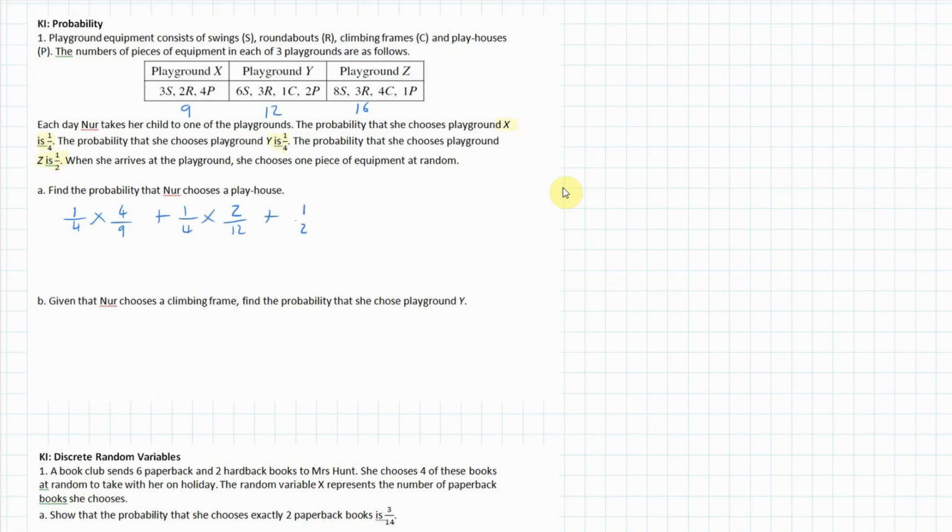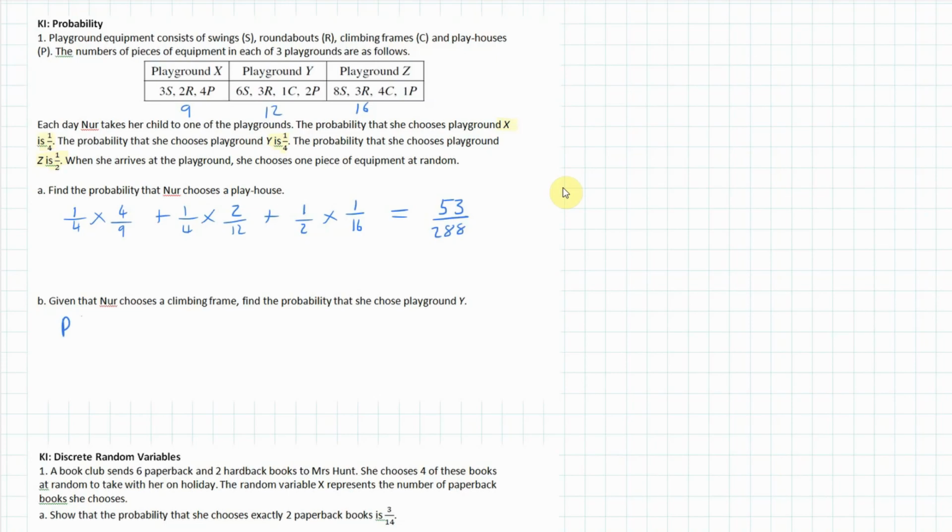There's a 1/2 chance of choosing playground Z, and there's only one playhouse amongst 16 options there. Now, when we pop this into the calculator and try it all out, I'm getting 53/288.